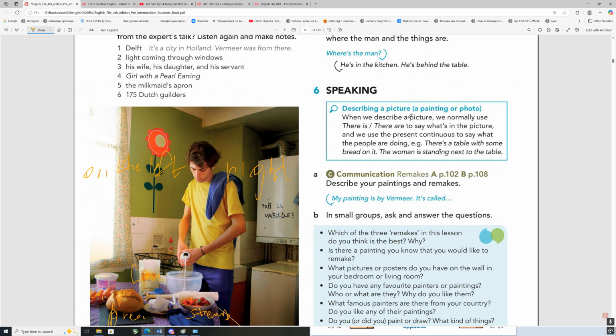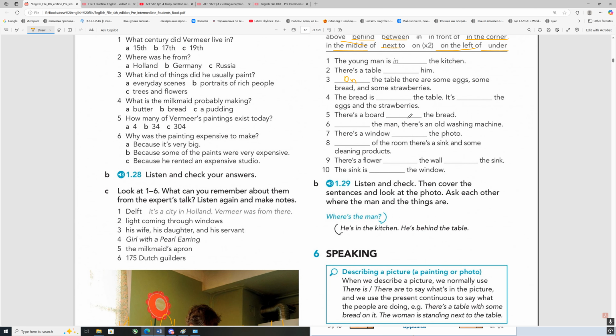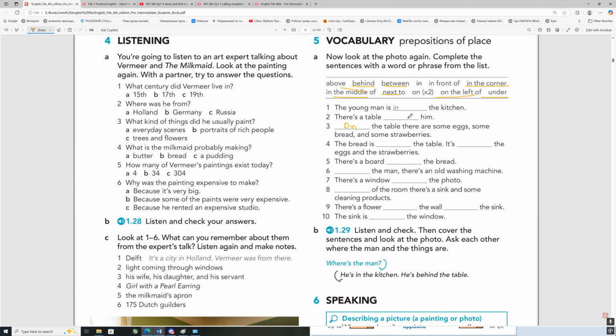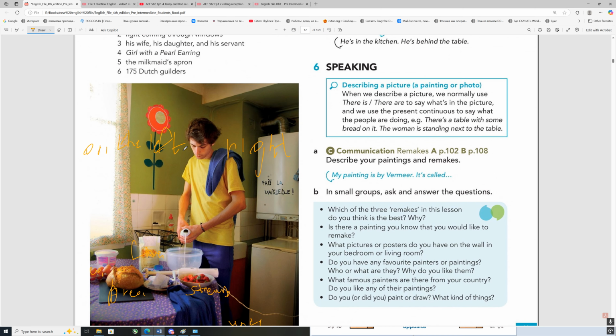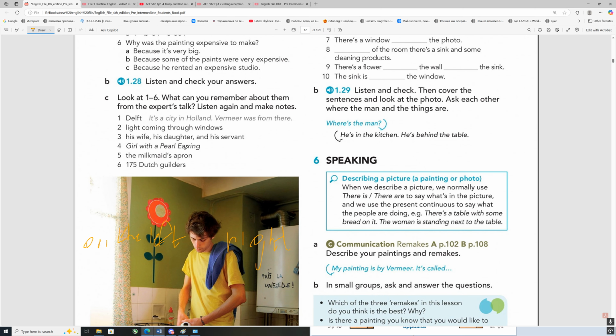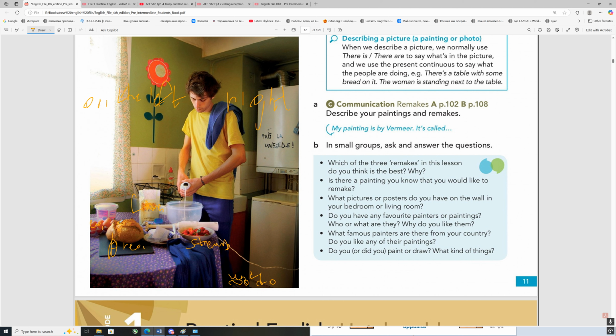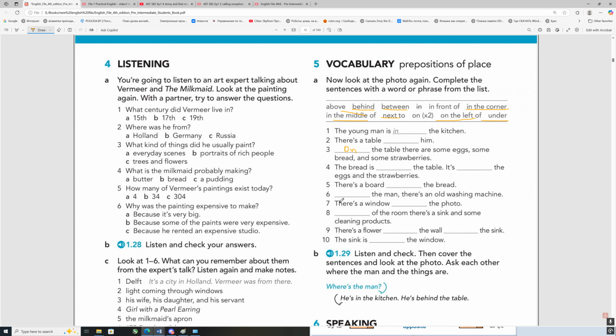Okay, 4. What is number 4? The eggs and the strawberries. The bread. Oh, this is the bread, you see. This is the bread. Where is the bread?